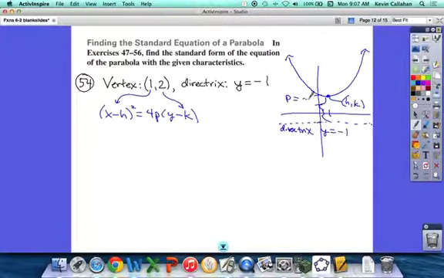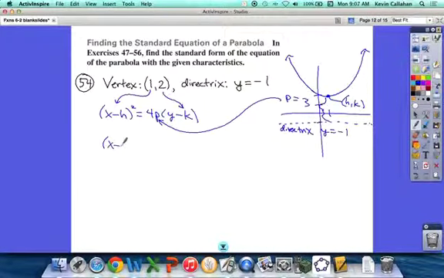p equals, well, is it positive 3 or negative 3? It opens up. So should it be positive? It's positive. Right? Remember, for a vertical one, if p is greater than 0, it opens up, and this one opens up. So now we've got what we need. This is going to go here.